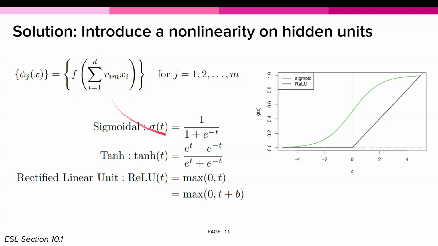Some commonly used nonlinearities are the sigmoidal function, which is typically referred to as sigma. If t is the pre-activation, that would be what's going on inside these curved brackets here, the weighted combination of original input features, then the sigmoidal function is 1 over 1 plus e to the minus t.